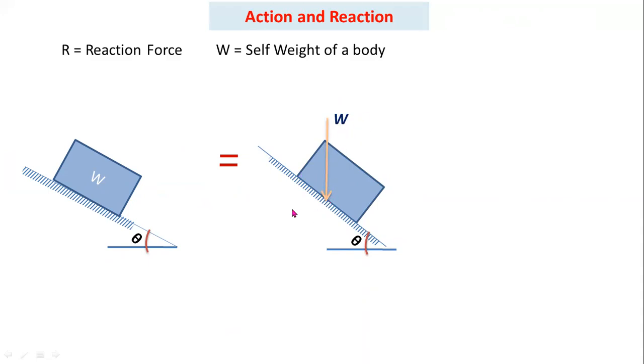There is no change. Here the support is inclined, so you have to consider a normal reaction. This reaction force makes an angle of 90 degrees with respect to the given inclined plane. Reaction force always makes an angle of 90 degrees with respect to the support.